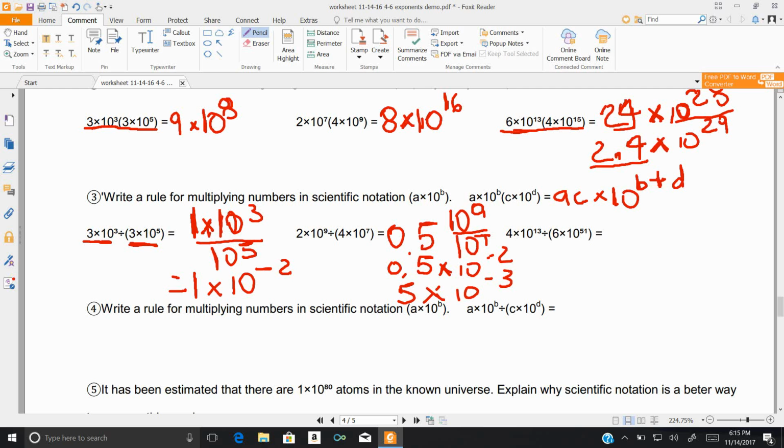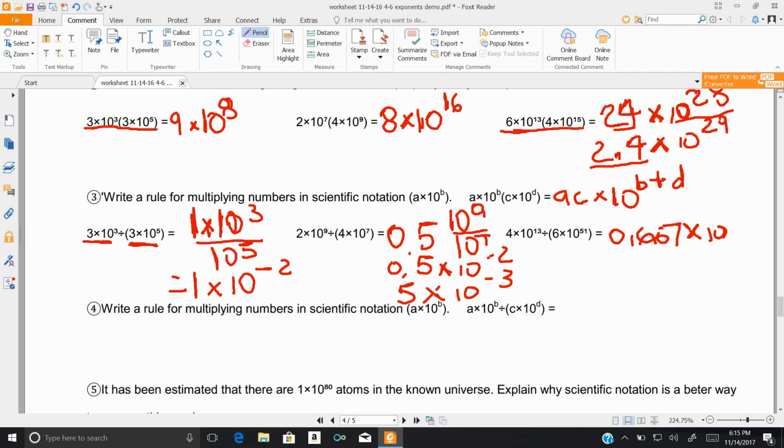Likewise over here, 4 divided by 6 gives me 0.667 times 10.